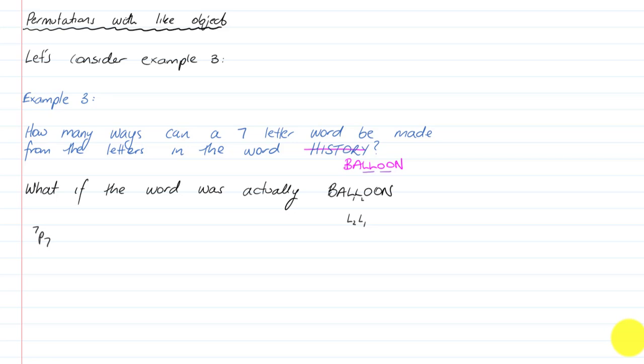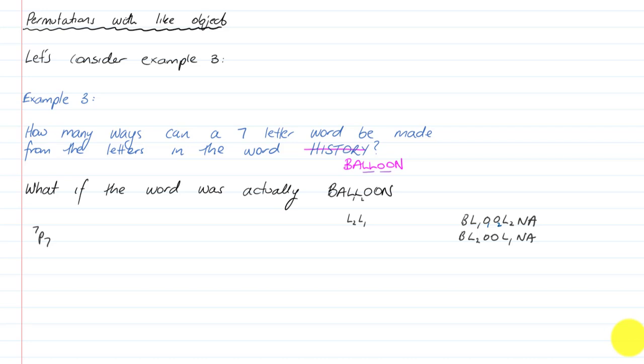So for example, a mix-up would be B, L1, O, O, L2, N, A, which would be the same as this word, B, L2, O, O, L1, N, A. And to throw further complication in, we've obviously got O1 and O2 as well.